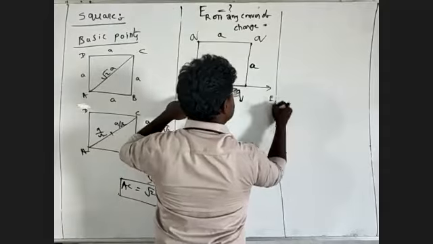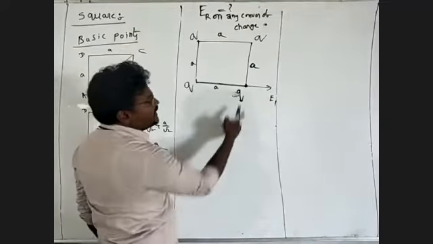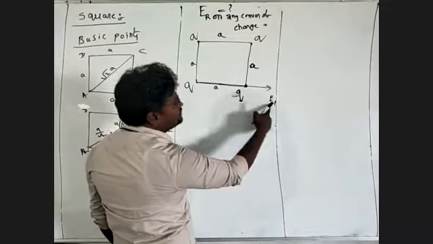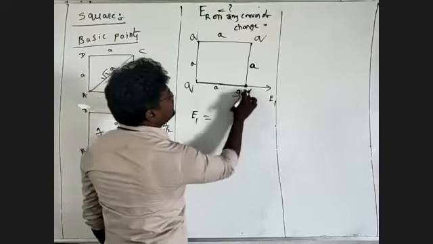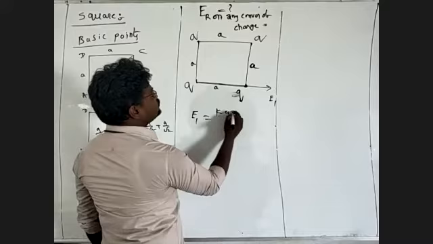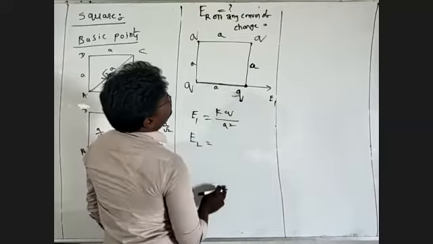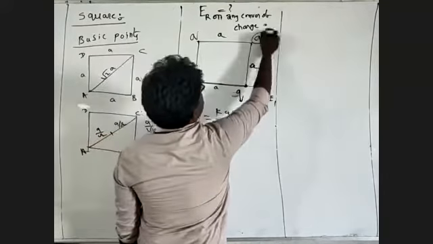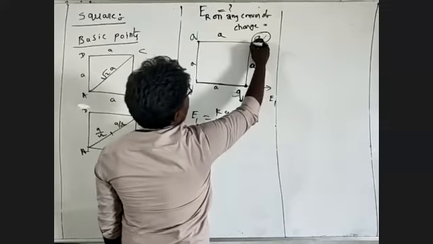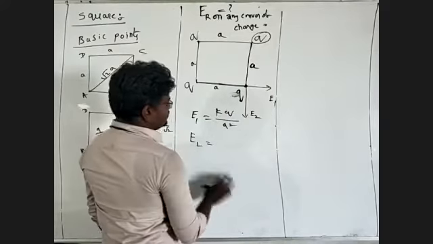The direction of this is E1. At this point, we have to calculate E1 due to the charge. That is KQ by A square. That is E1. Next E2. This charge repels in the downward direction. That is E2.